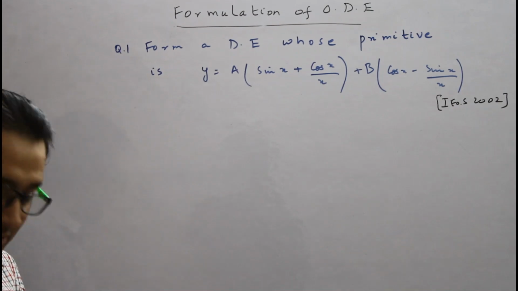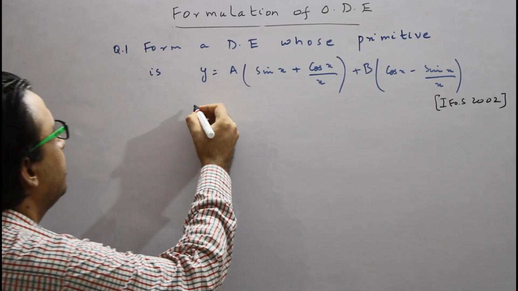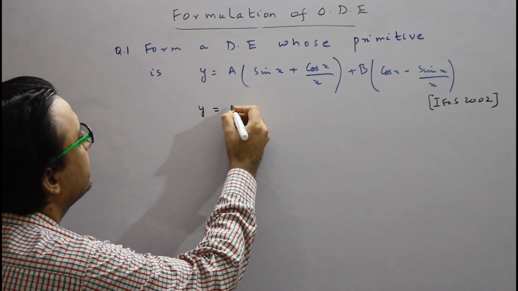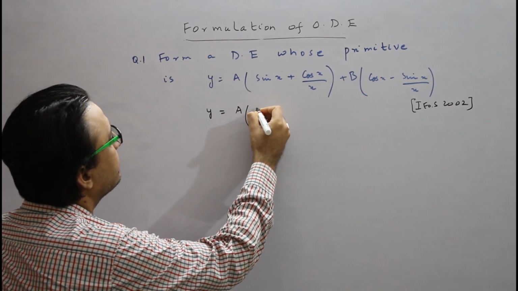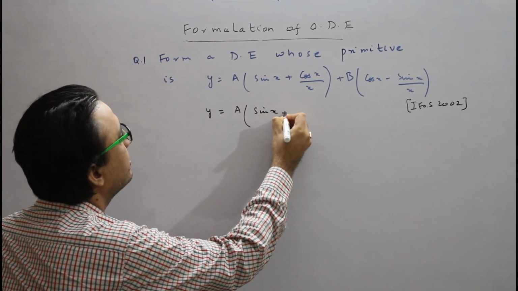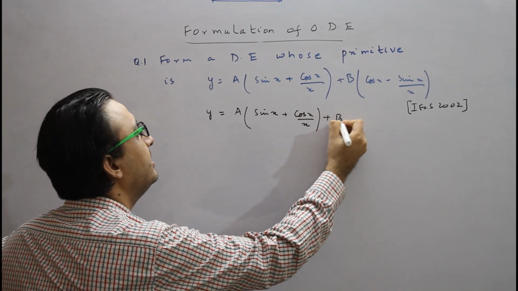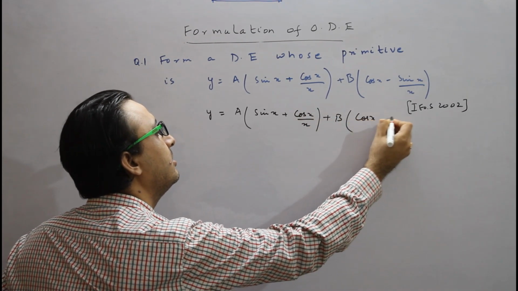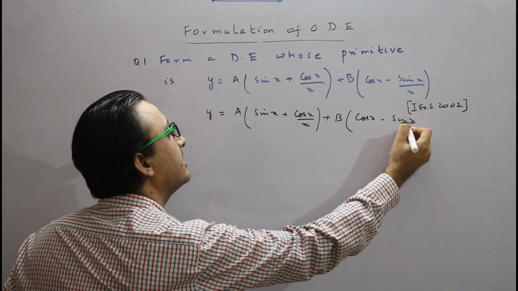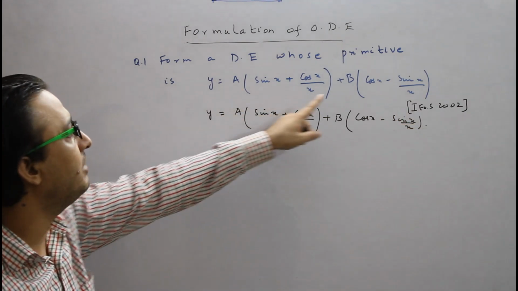The first step is that we will write the given equation. Here we have two arbitrary constants.